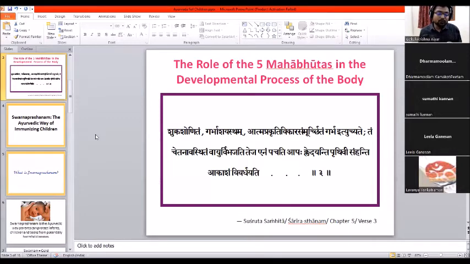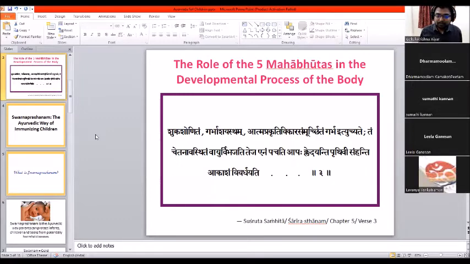So this dhatu vyuha is under the control of Vyanavata within the body. During the time of Garbha formation, when Vyanavayu functions normally, with no abnormality in its function, and all the dhatus upon which Vyanavayu acts are in a normal state, a baby is born without any congenital abnormalities.